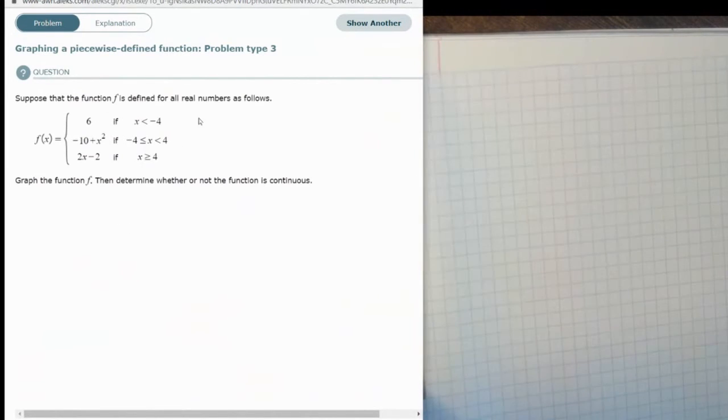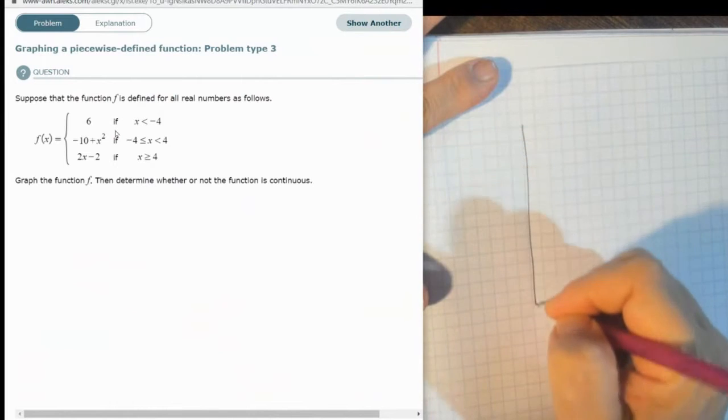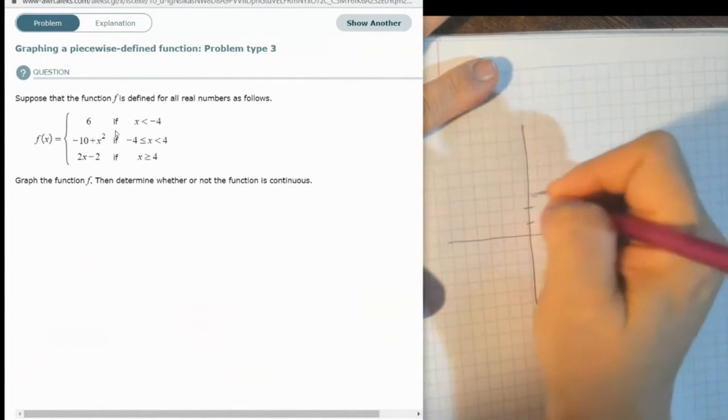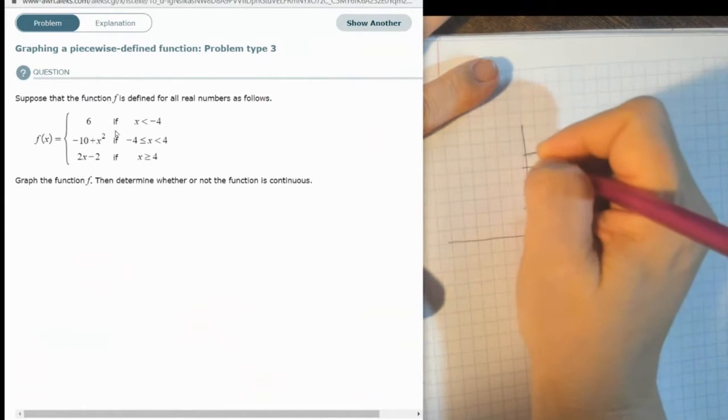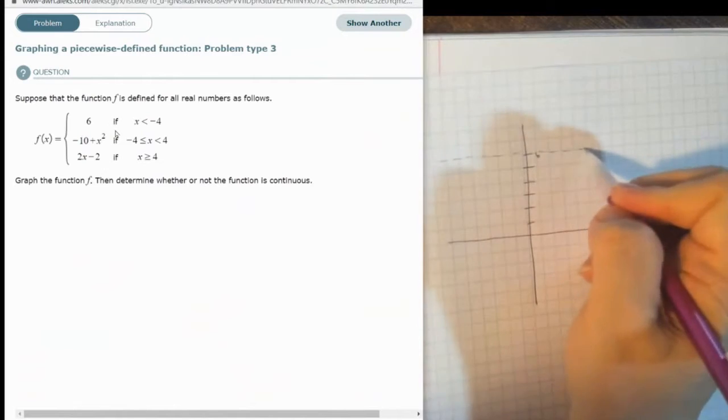Suppose that the function f is defined on the real numbers. Now, y equals 6 is a horizontal line going through the y-axis at 6. So it would be this line, and Alex will have you draw it.